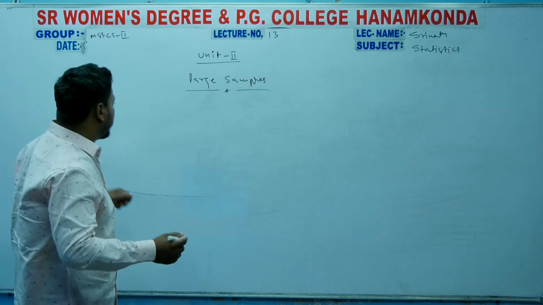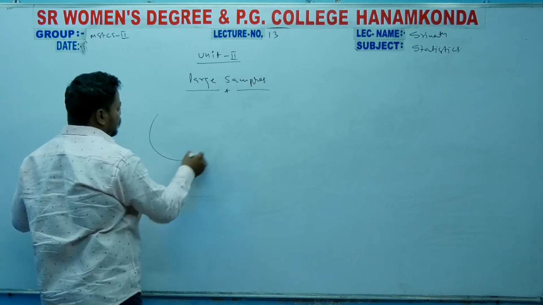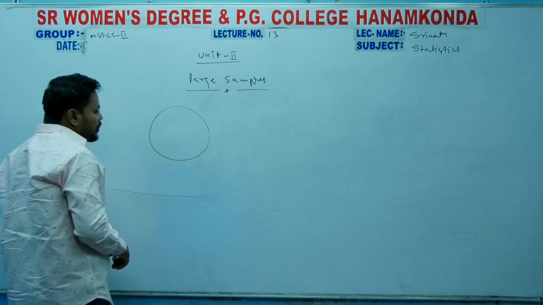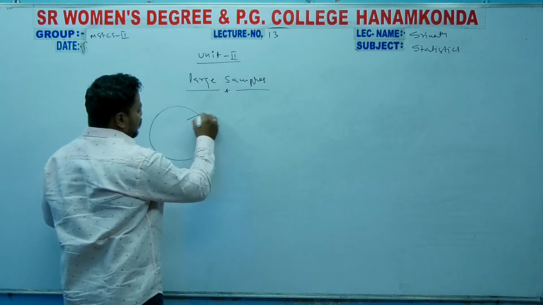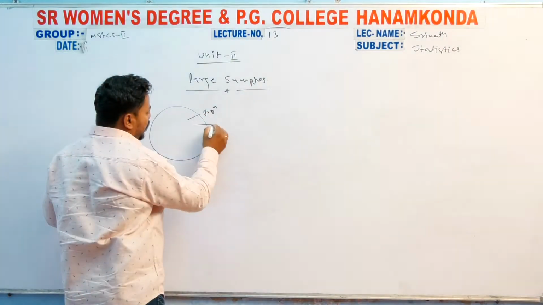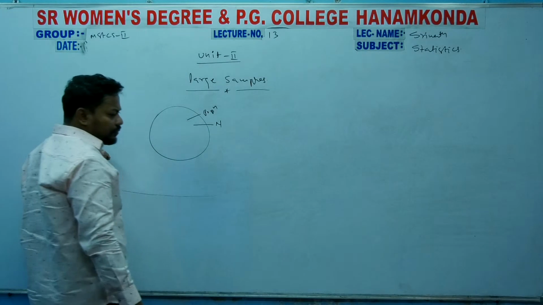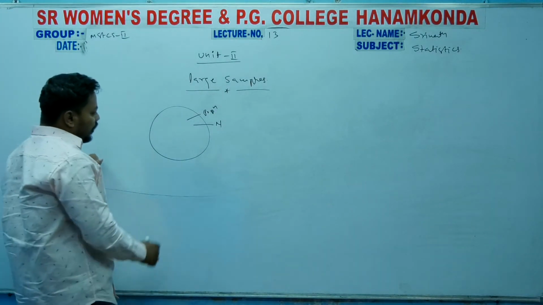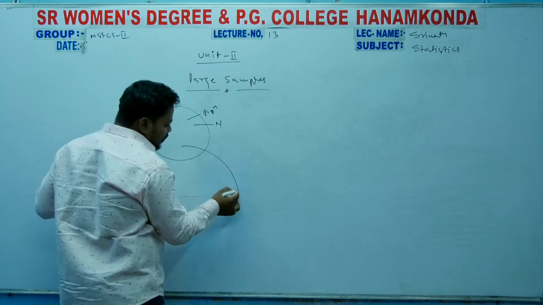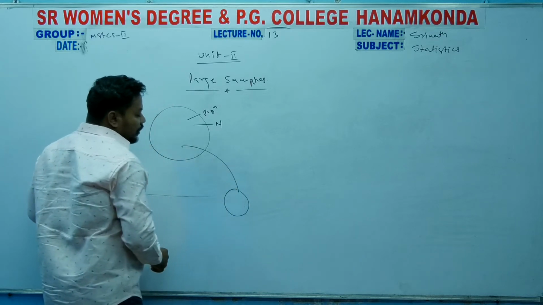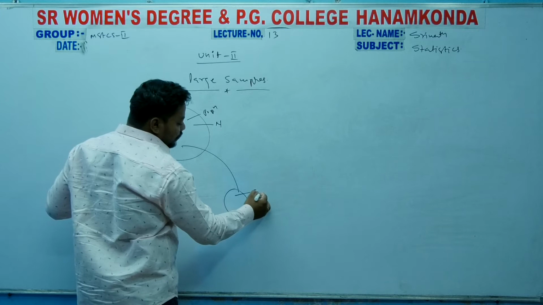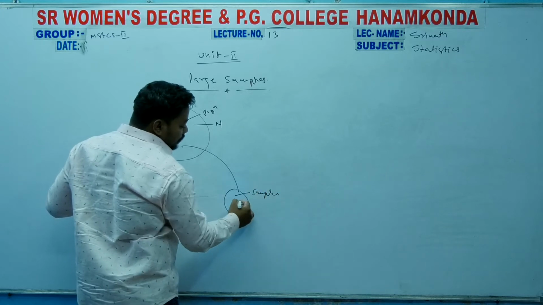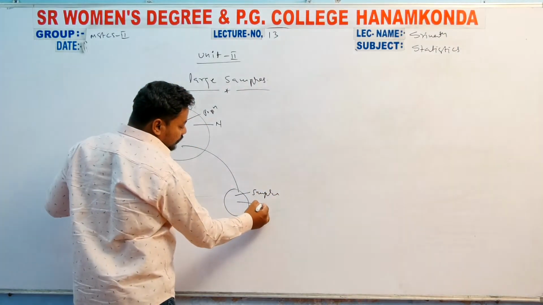For example, we are taking the population size capital N, and from a particular population we are selecting the sample, and the sample size is small n.